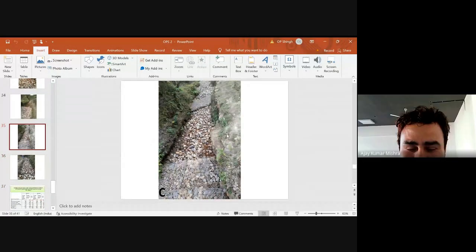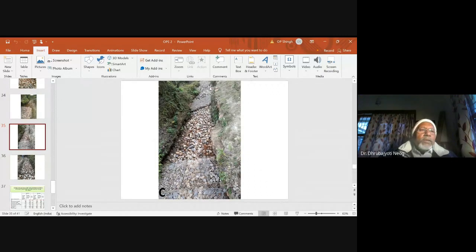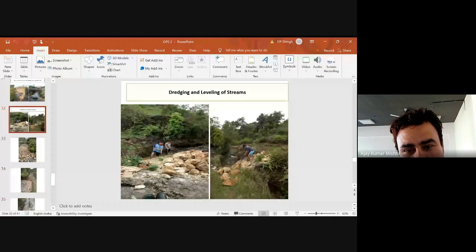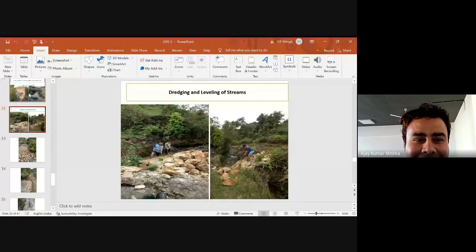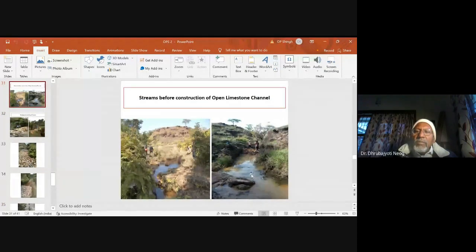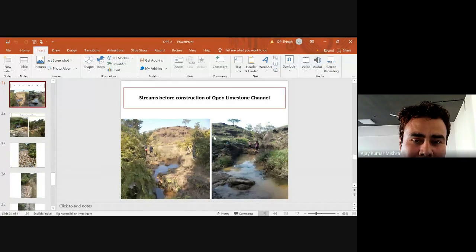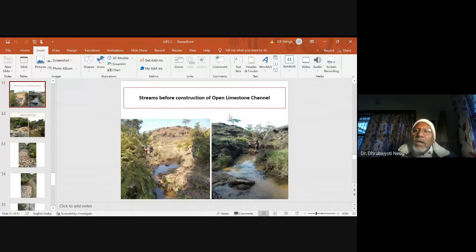Yes. So this was earlier a zigzag stream, and through this stream acidic water was flowing, because nearby coal mining areas were there.